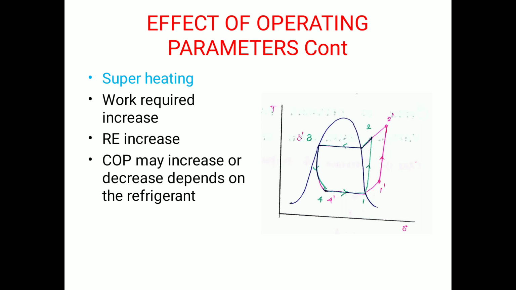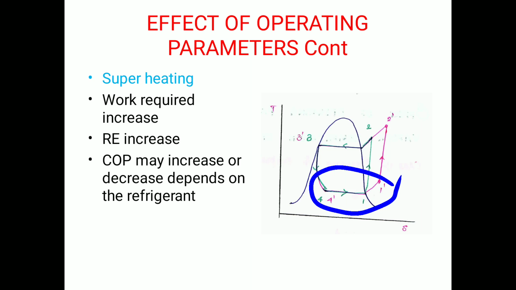Due to superheating, the work required is increased, that is 1 dash to 2 dash, it increased compared to the ideal one, and refrigerant effect increases. You can see the refrigerant effect also increases because refrigerant effect is how much heat is removed in the evaporator.